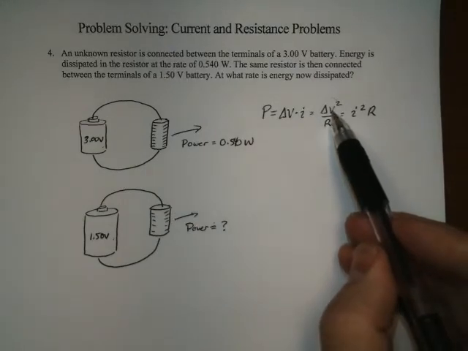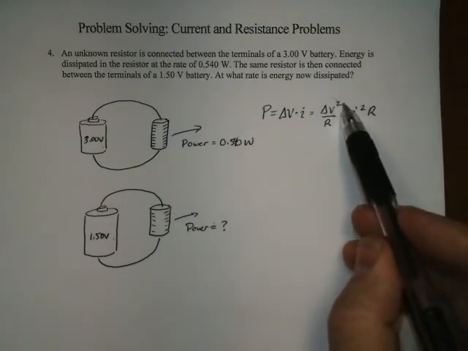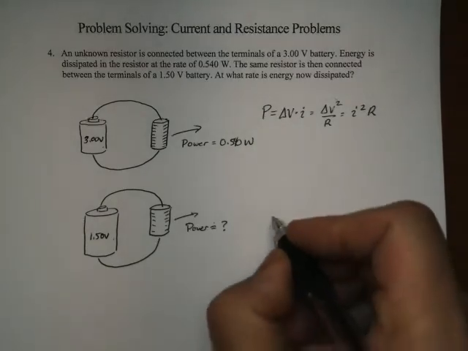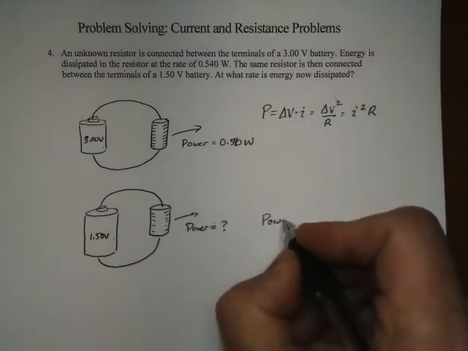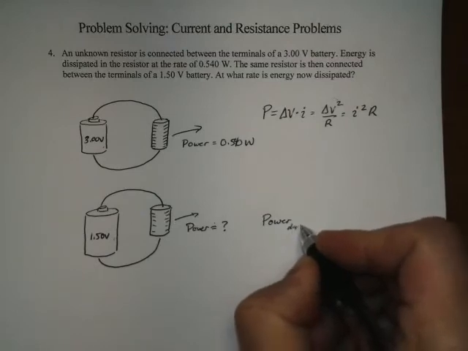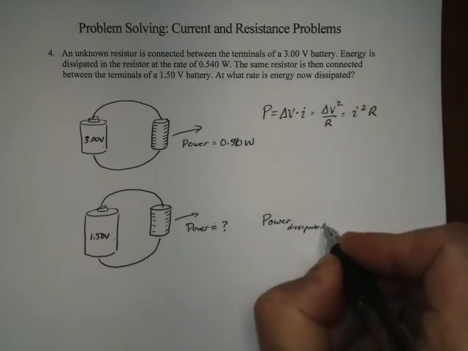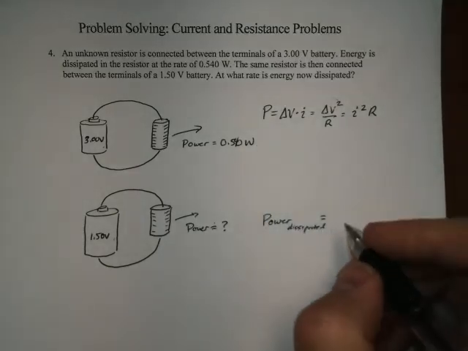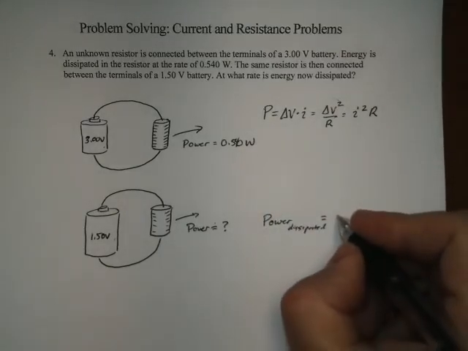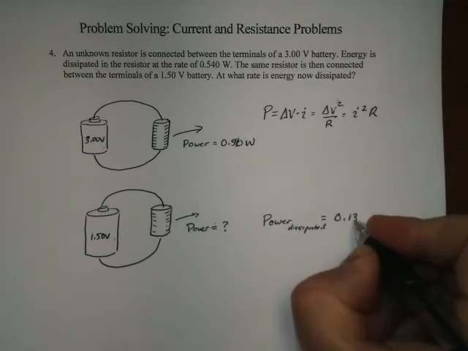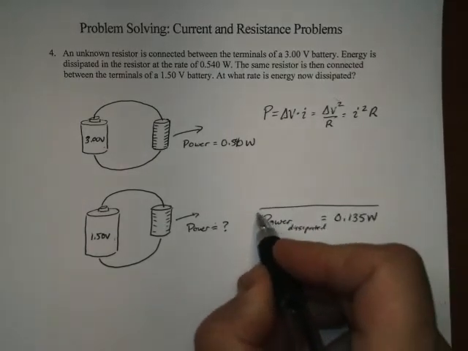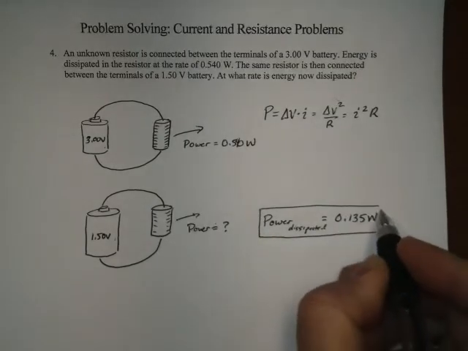And when you square it, this relationship predicts that the power dissipated is going to be 1/4 of what it was before. So 1/4 of 0.54 must be 0.135 watts.